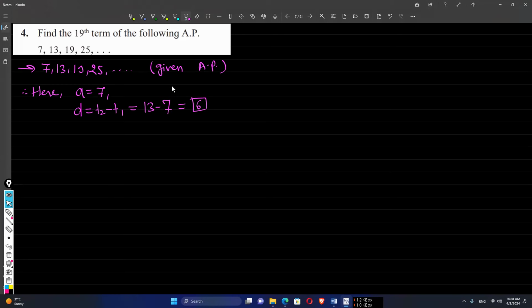Okay. Now, using the Tn formula, we will find the 19th term in this AP.